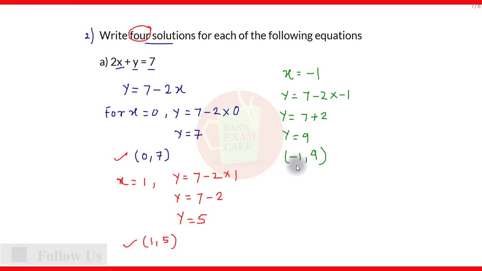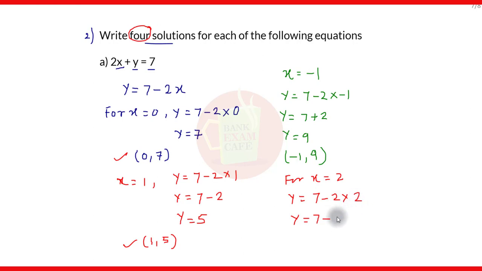Now for finding the fourth set of solution, we can take the value of x as 2. So for x is equal to 2, you are putting the value of x as 2. So you will get y is equal to 7 minus 2 into 2, and minus into plus will be minus.